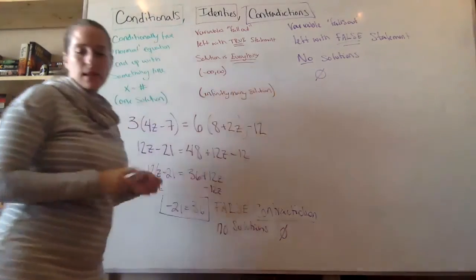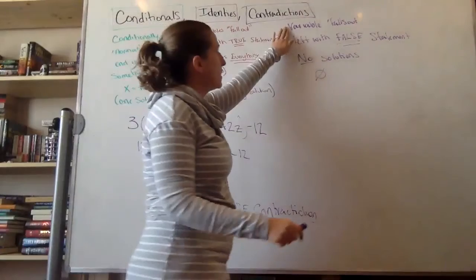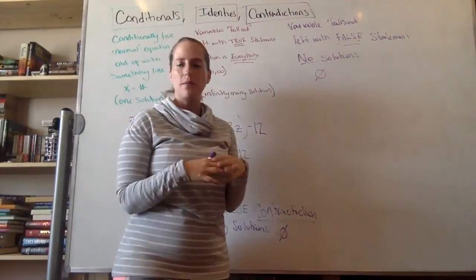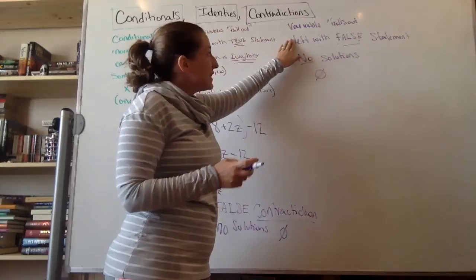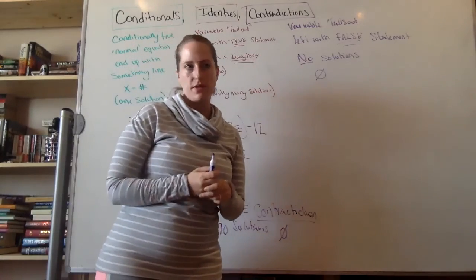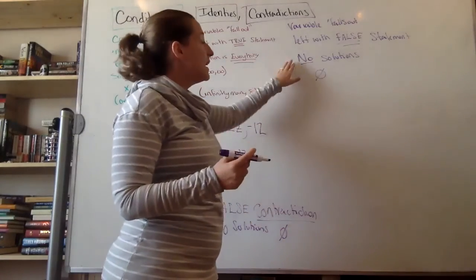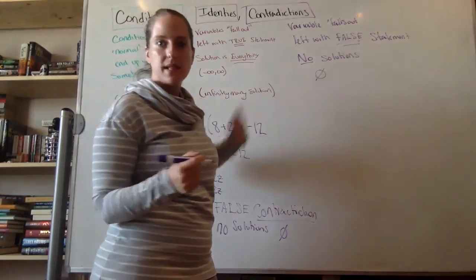And last, contradictions. Now, similar to identities, when we're doing a contradiction, our variable falls out, or our variable cancels out, and we're left with no variables. However, what's left is false. Negative 21 equals 36. 7 equals 5. A false statement. In this case, there are no solutions. We can write that using the fancy empty set notation.